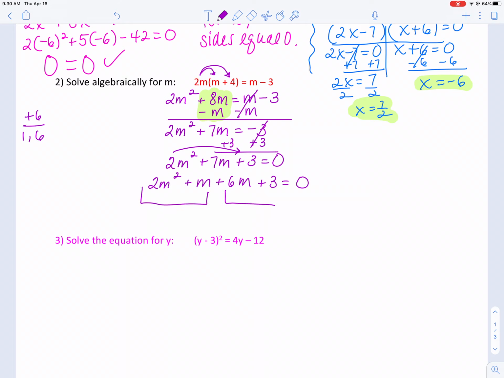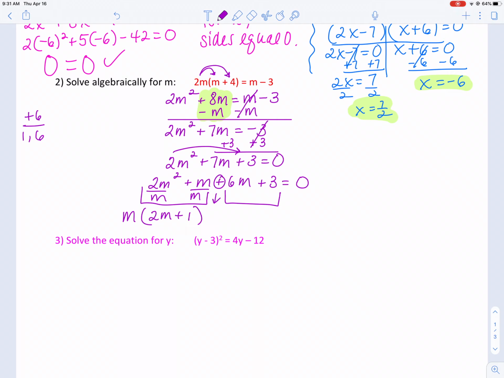So group. The GCF here is 2m. Nope, can't be 2m. Why? This one doesn't have a 2. So the GCF can only be m. When I divide each by m, I get 2m plus 1.